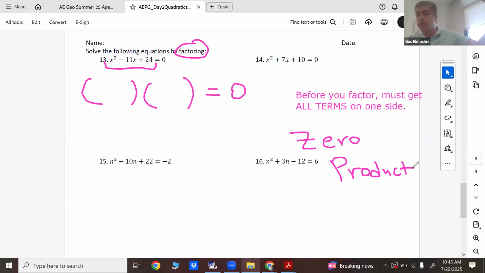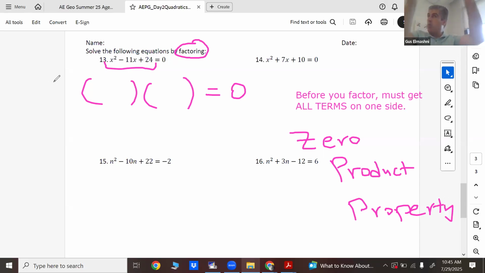You need zero somewhere along the way. I can multiply millions of numbers. If there's just one zero, the whole thing's zero, right? So that's why we factor, because factors are quantities being connected by multiplication, right? Aren't these two sets of parentheses connected by multiplication? If one of those two things is zero, the whole thing is zero. That's what I want to do. So what two numbers multiply to 24 and add to negative 11?